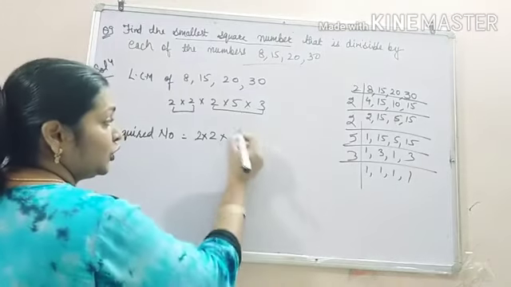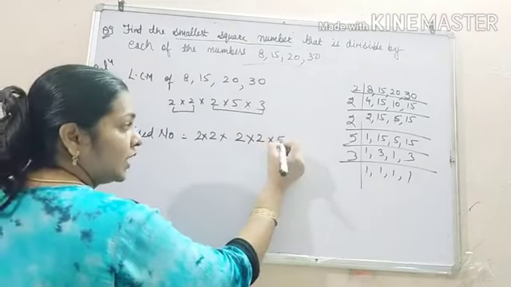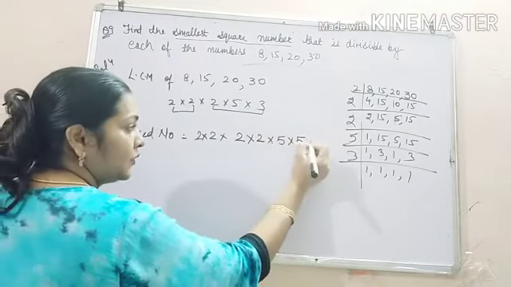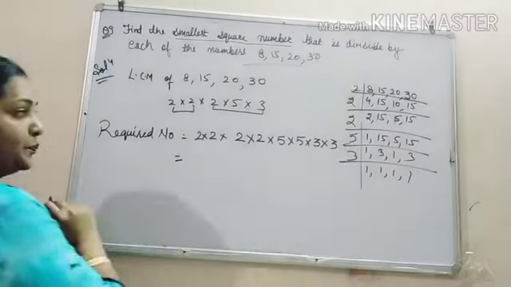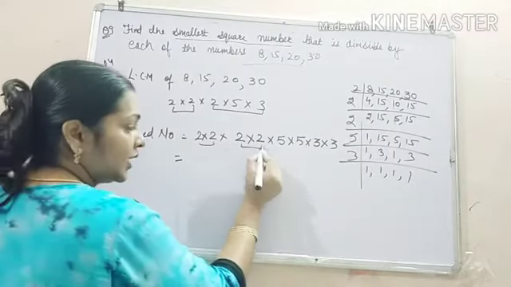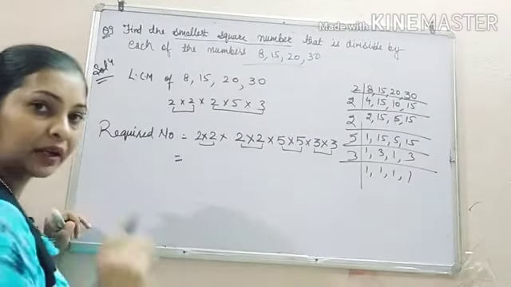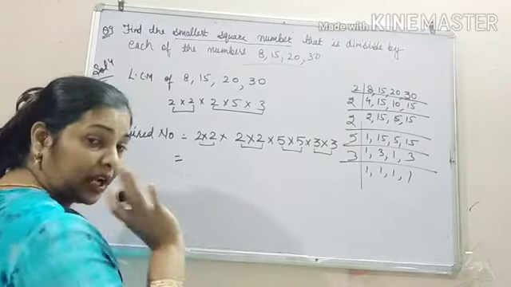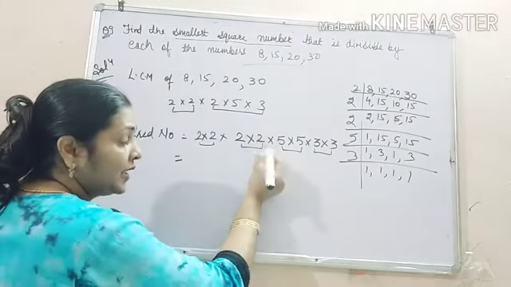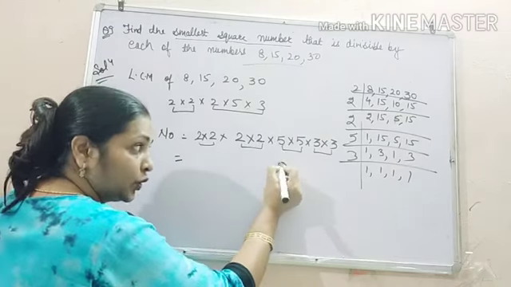Here we are having 1 2, multiply it by 2. 1 5 is there, multiply it by 5. And 1 3 is there, multiply it by 3. Now all the factors are in pair. That means that this number is a perfect square. Now for doing multiplication, I will tell you a trick. Whenever you get 2 and 5, it will make 0. 2 5s are 10.